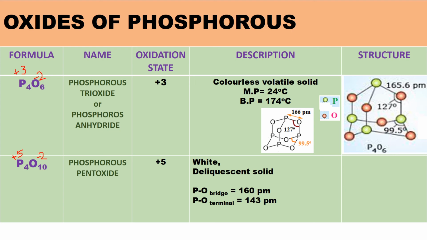It is a white deliquescent solid. Deliquescent means having a tendency to form a liquid, that is, it can absorb moisture. It acts as a dehydrating agent. It can absorb water molecules and is converted to liquid. So it acts as a deliquescent solid.